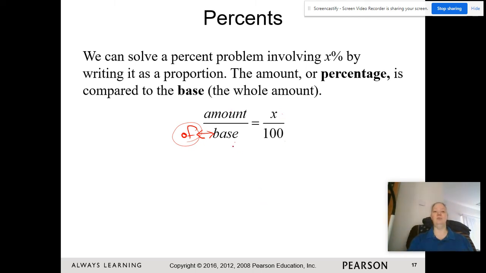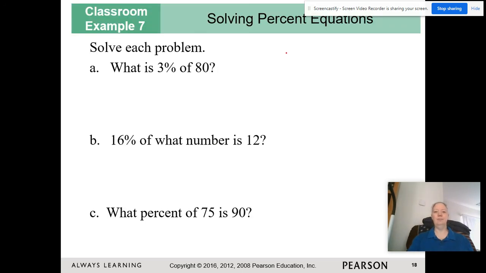Okay, amount over base, x over 100. So amount over base, and remember this is the of word, is equal to x, whatever the percent is, over 100. Not necessarily going to be an x, by the way. X could be in any one of these places.